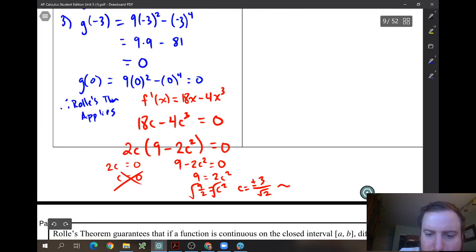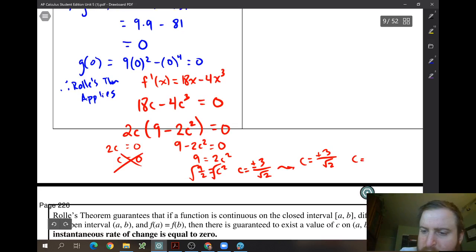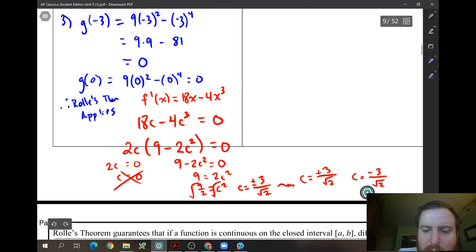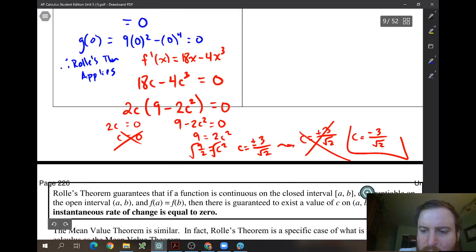And then we have c equals positive 3 over square root of 2, and c equals -3 over square root of 2. Those are decimals. I know we don't necessarily know exactly what decimal they are, but what I do know is that between -3 and 0, everything is negative. So the positive one cannot be in between. So we only have one value in this case, and it's -3 over square root of 2.